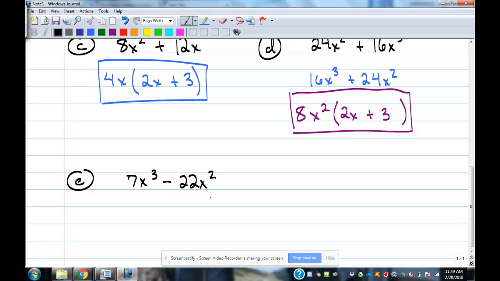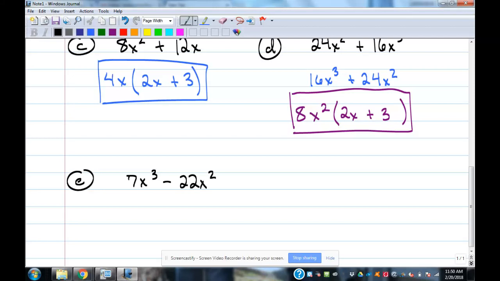Kind of go toward what Tyler was asking about. 7x to the third minus 22x squared. Is that in the right order? Got x cubed in the front, x squared after that. That's biggest to smallest. That's the way we want it. Now, do 7 and 22 have anything in common? No. Other than what? 1. Factoring out a 1 doesn't really help us much. What do they have in common?